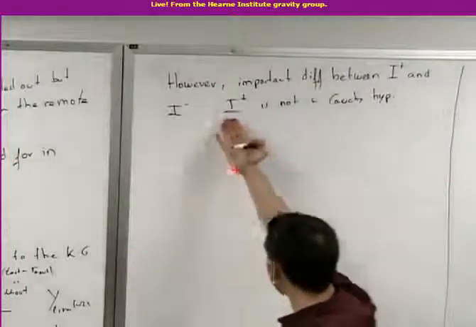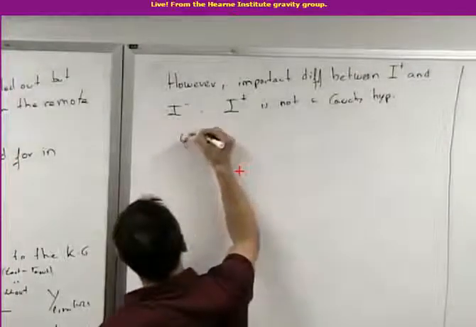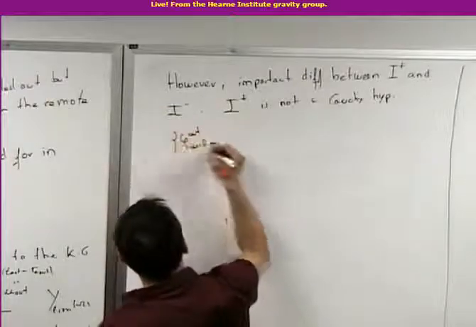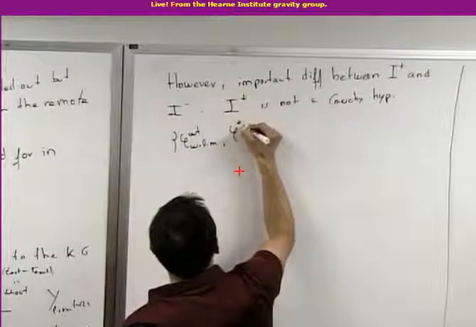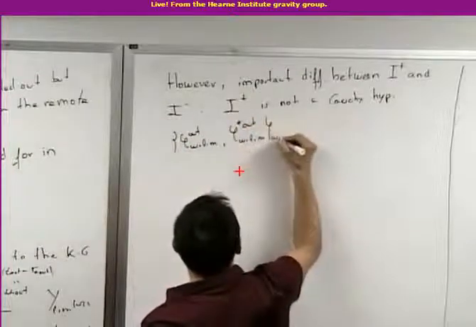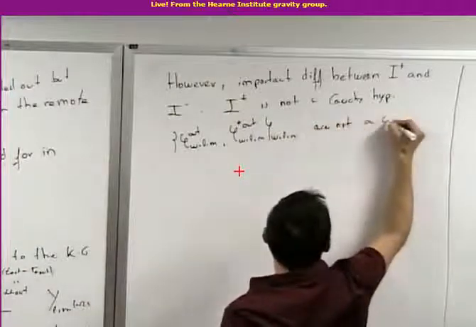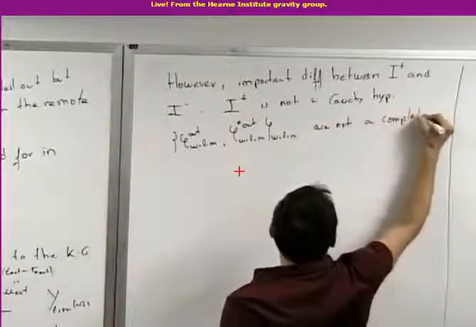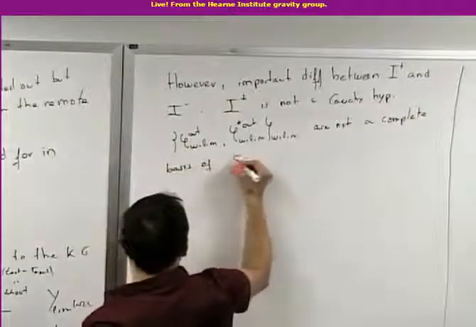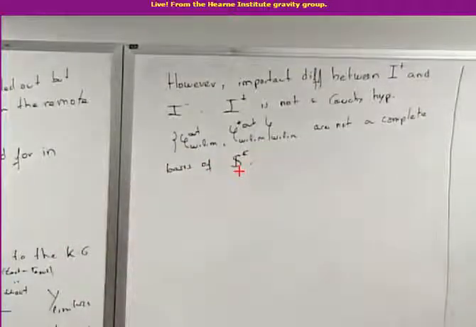So the out modes, together with the complex conjugated, for every omega, l, and m, are not a complete basis of the space of complex solutions to the Klein-Gordon equation. We need modes with support inside the horizon.